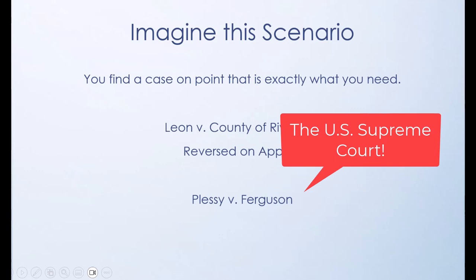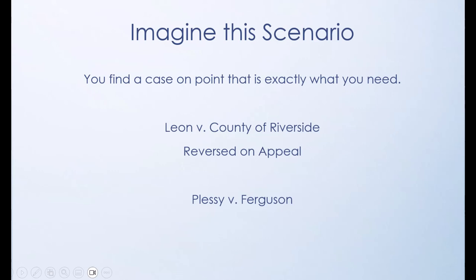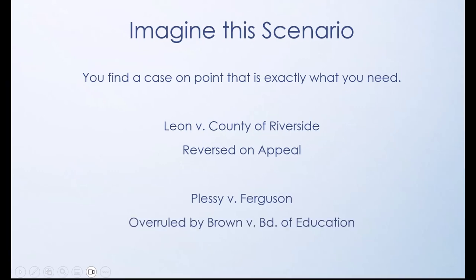Well, as you can guess, the facilities were separate, but they were seldom equal. So in 1954, the court looked back at its decision in Plessy versus Ferguson and decided it had made a mistake. In Brown versus the Board of Education, it overruled Plessy versus Ferguson and decided that racial segregation was unconstitutional.